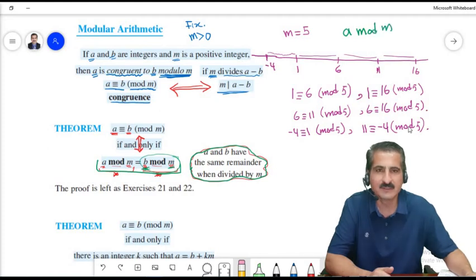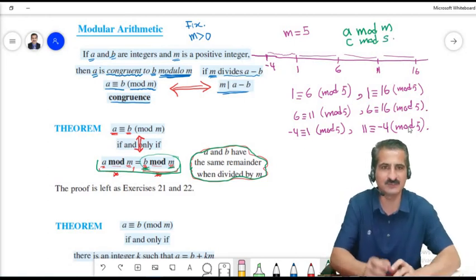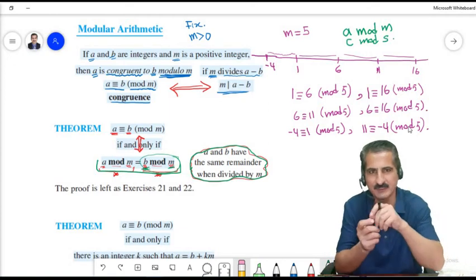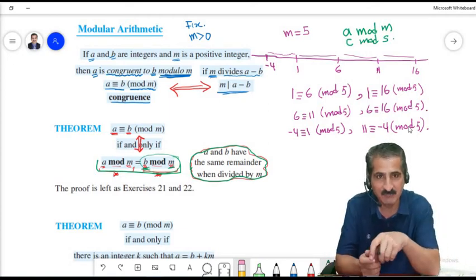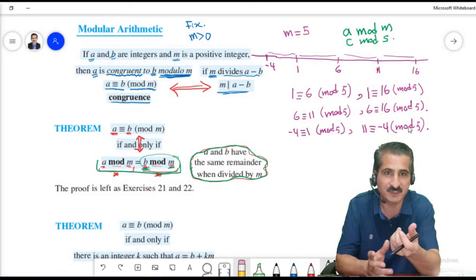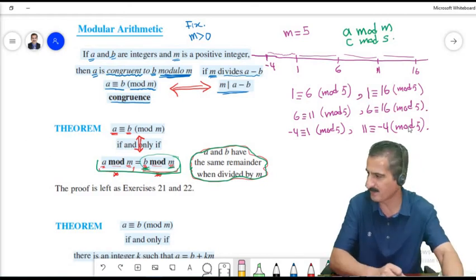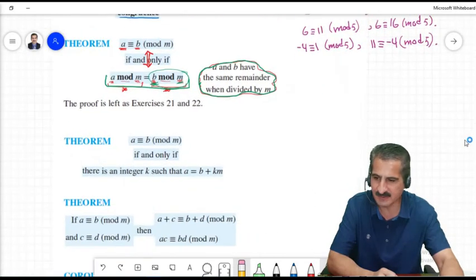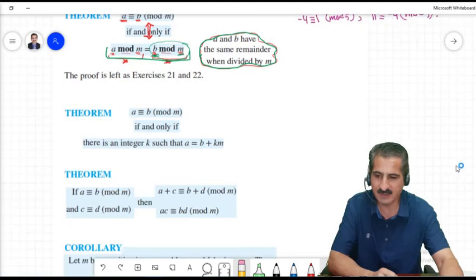The remainder of dividing c by s, I will say c modulo s. So get used to that notation. When you see it, it is simply the remainder when dividing the integer that comes first by the integer that comes after the mod. Okay, and the proof of this theorem is an exercise. It is very direct.